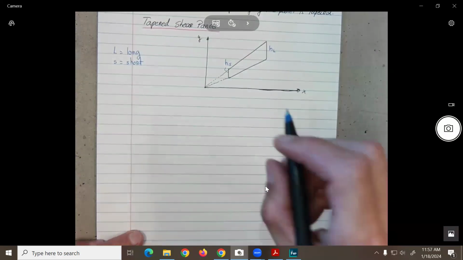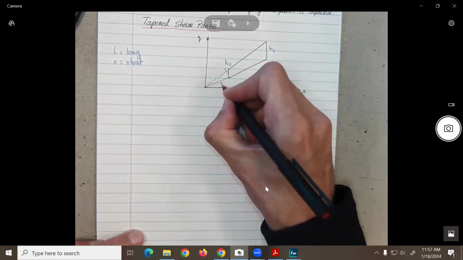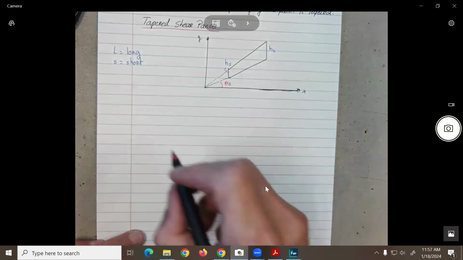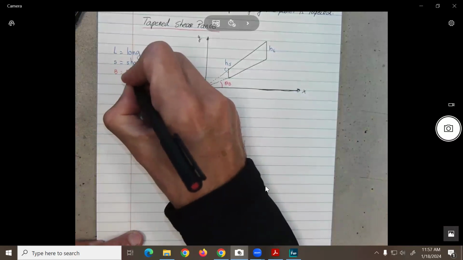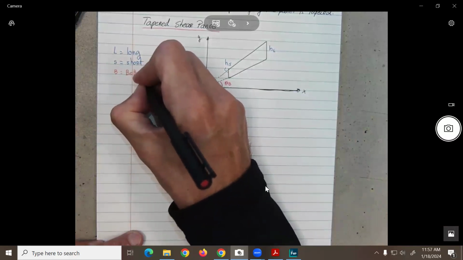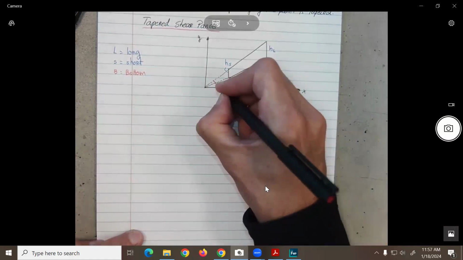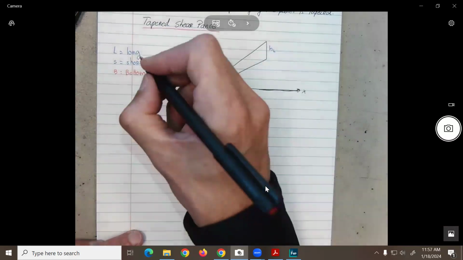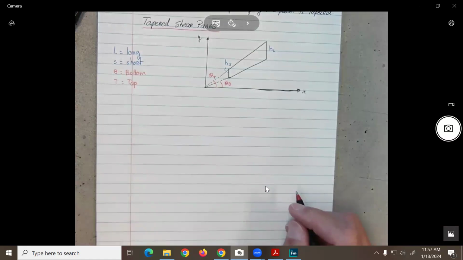Now, this panel over here, we're going to call this angle here theta sub B. B stands for bottom edge of the panel. And I'm going to put here theta sub T, so that T stands for top edge of the panel.